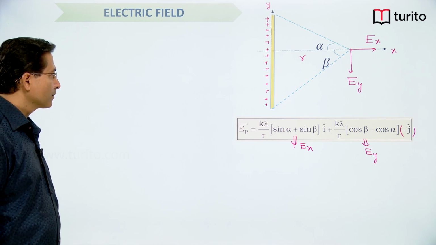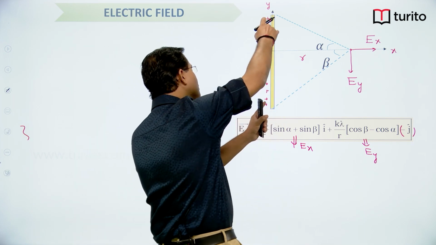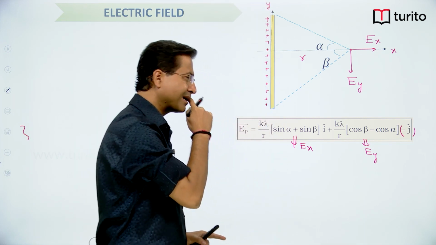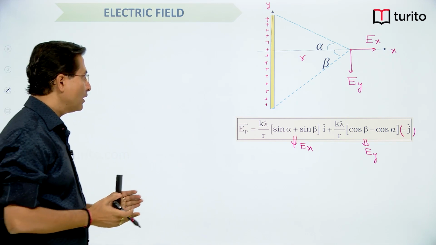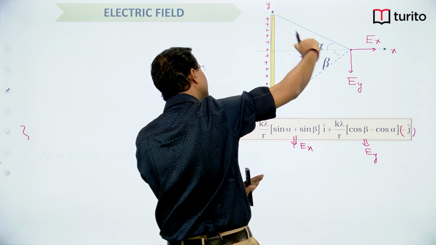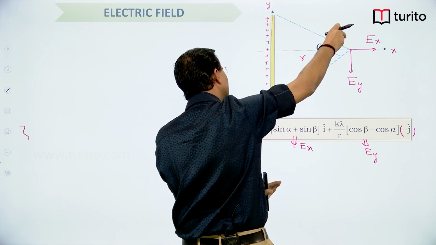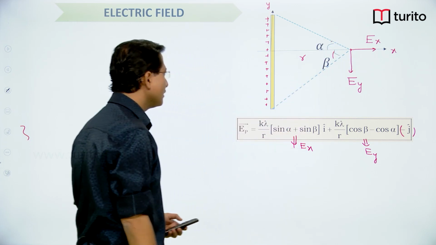Now, if I extend this wire till infinity, that means if I take an infinitely long wire, then as the wire gets extended to infinity, these angles start tending towards pi by 2. So, this beta will tend to pi by 2 and this alpha will tend to pi by 2.